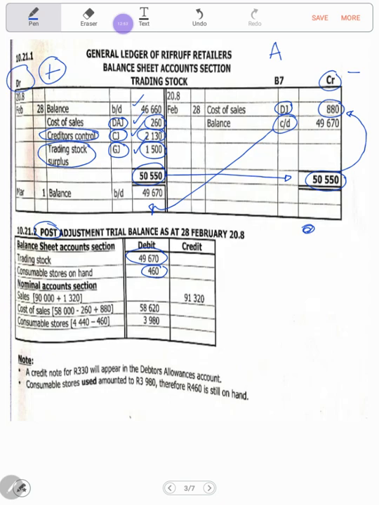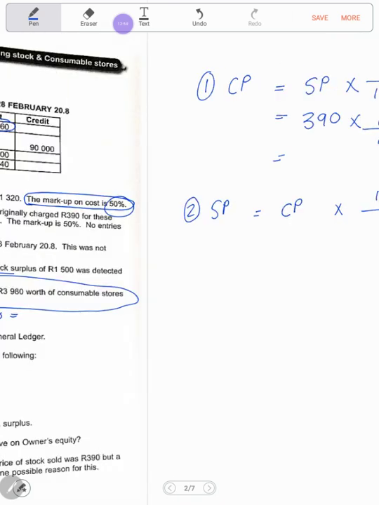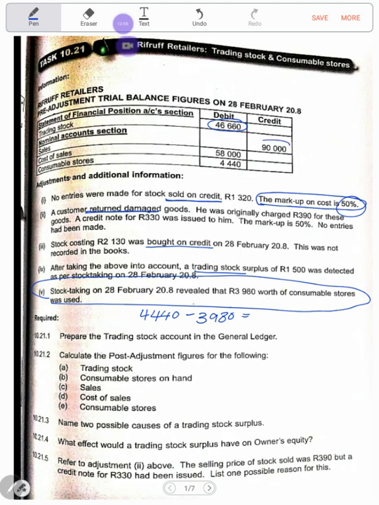Now, remember, grade 10s, we had an opening balance. Our sales was worth 90,000 in the beginning of the year, and yes, there were transactions that were not recorded. Example, the 1,320 was not recorded. As you can see, no entries were made.